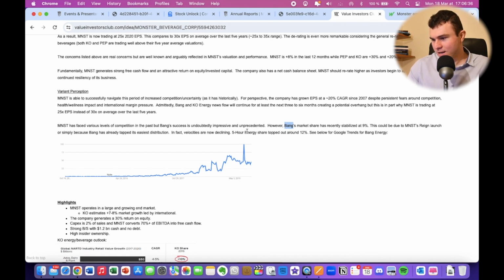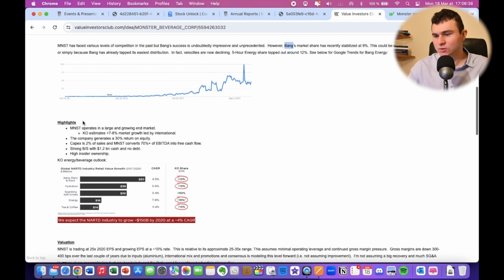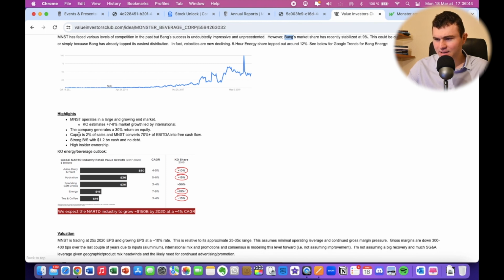Okay, very well. Okay, highlights. Monster operates in a large and growing end market. Okay. CapEx, capital expenditure, is 2% of sales. We've seen before that the property, plant, and equipment, the 4 plants where Monster Beverage creates the energy cans, well, they don't cost a lot of money.